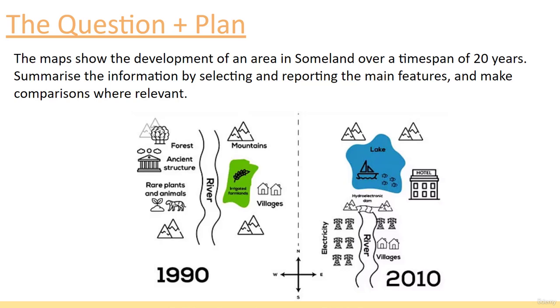They have been destroyed in some respects, so that we can have the electricity stations and villages added. And in terms of change, to the east of the lake, there is no longer an irrigated farmland and villages. We can see this changed into a hotel. So we have a hotel here now.